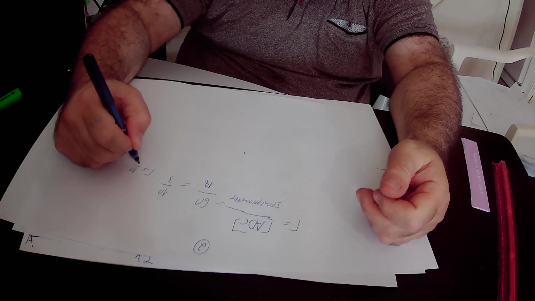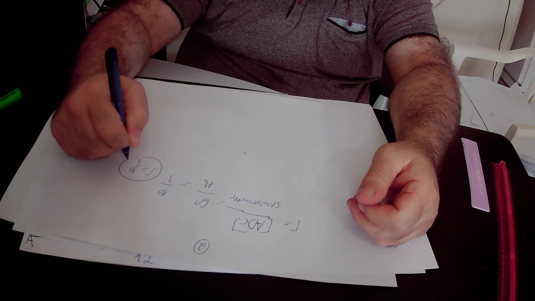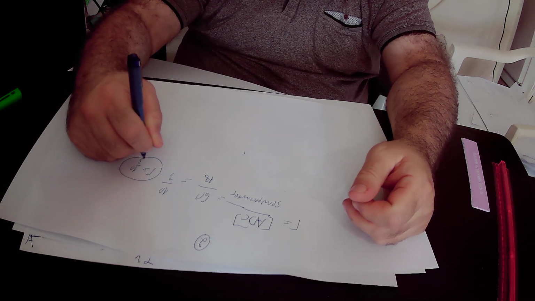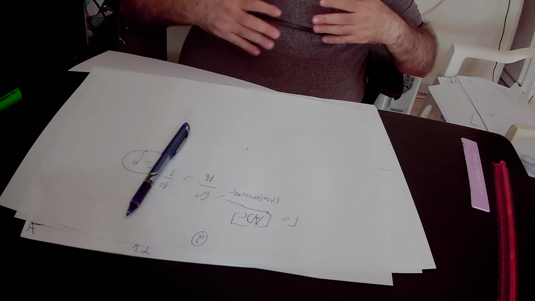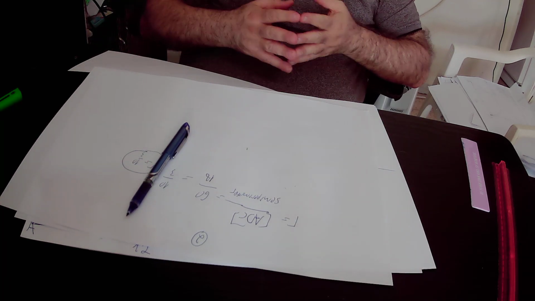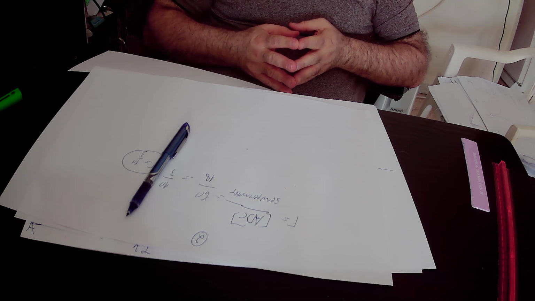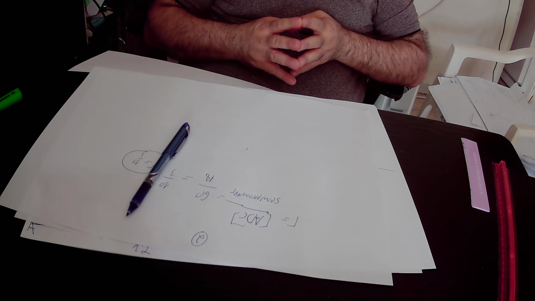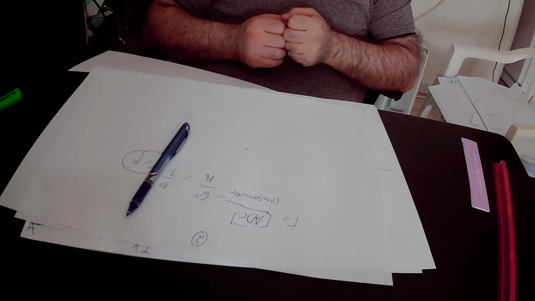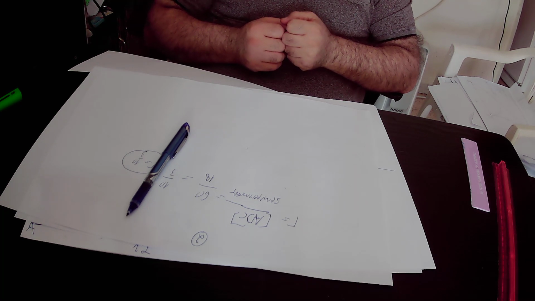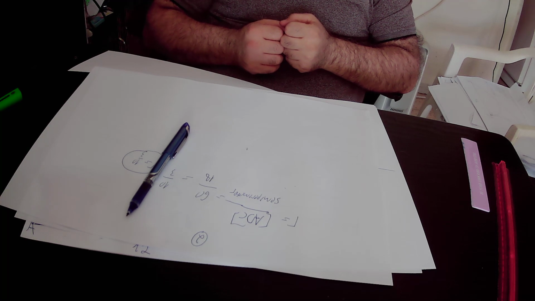10 over 3, because the circle is composed of two identical semicircles. Again, our circle is composed of two identical semicircles, our semicircle being the one whose area we want to find.